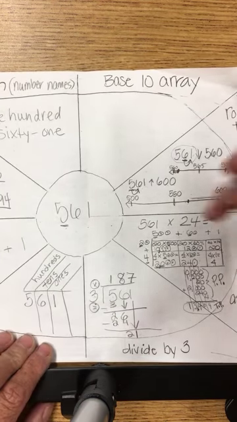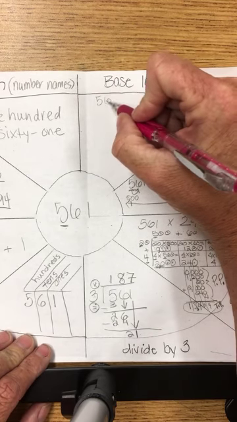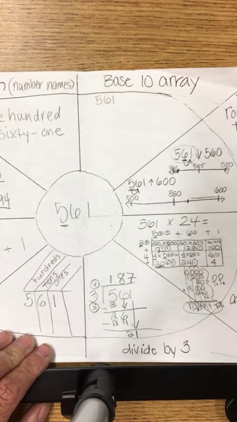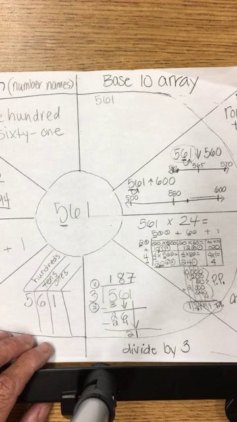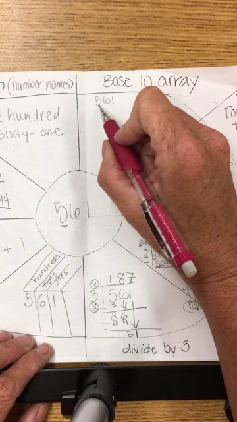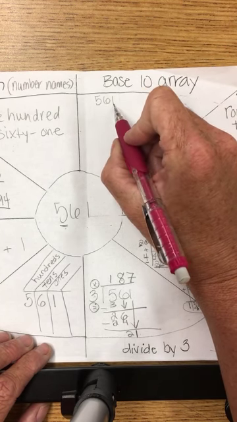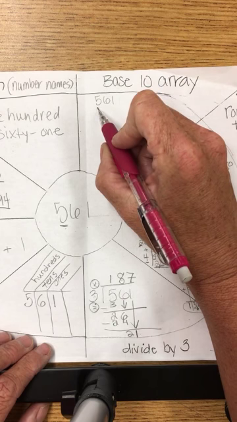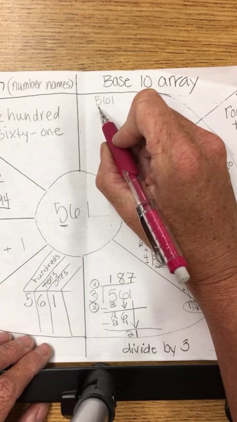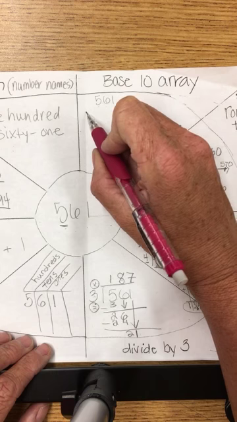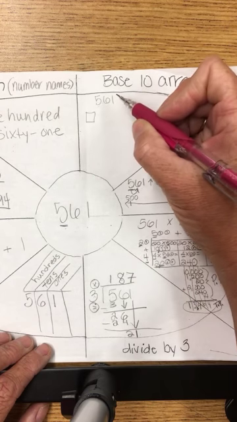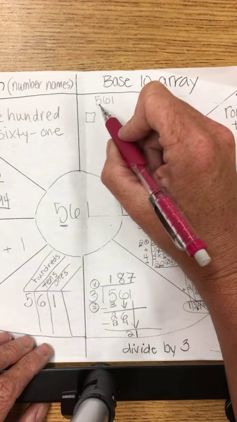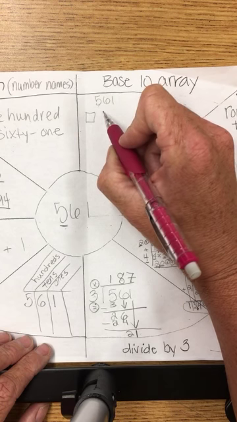Okay, base 10 array. The first thing I'm going to do is write my number up here. And if you can't remember what base 10 arrays are, we need to use units, rods, and blocks or flats because we're in hundreds. So each flat, which is represented with a square, represents 100. So we need 5 of those.